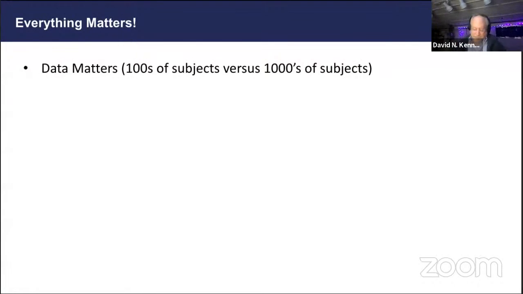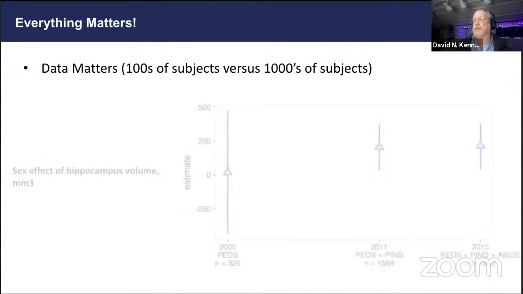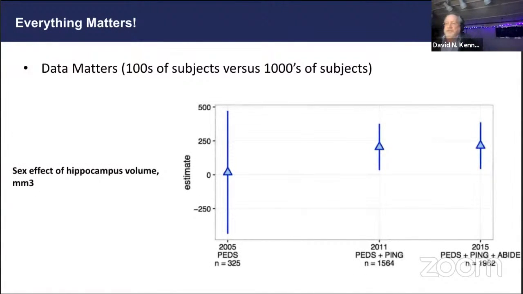Similarly, and clearly not surprisingly, how much data you have matters in important ways. A little example I use of this is looking at the sex effect on hippocampus volume in typical subjects.